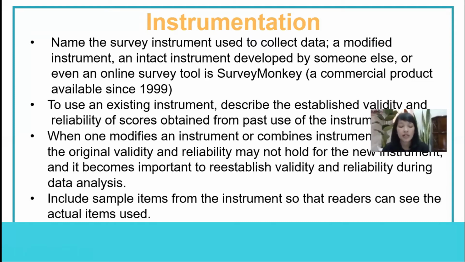The first is to name the survey instrument used to collect the data, whether it is a modified instrument, an intact instrument developed by someone else, or an online survey tool like SurveyMonkey. If it is a modified instrument, indicate whether the developer has provided appropriate permissions to use it.